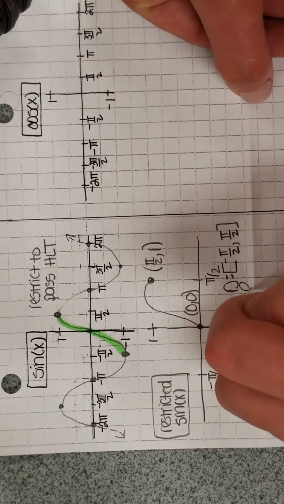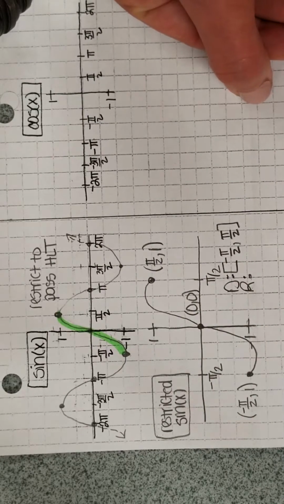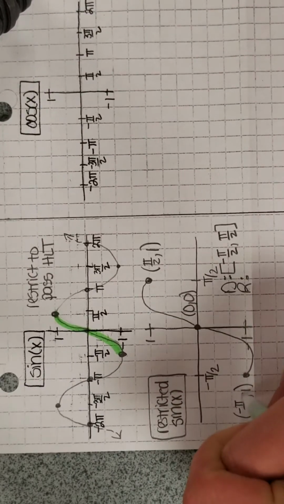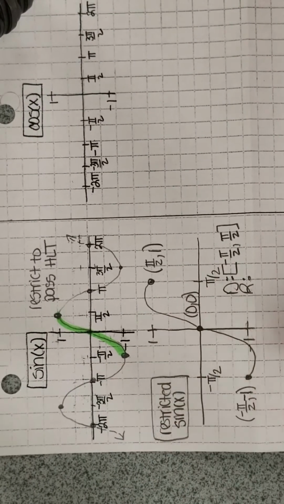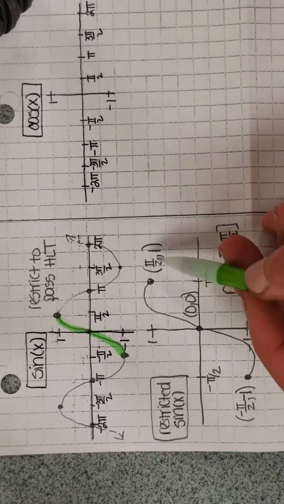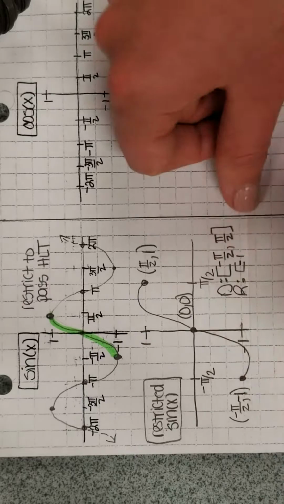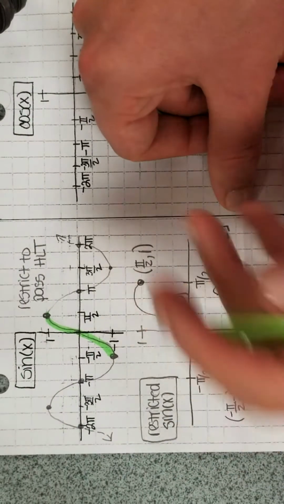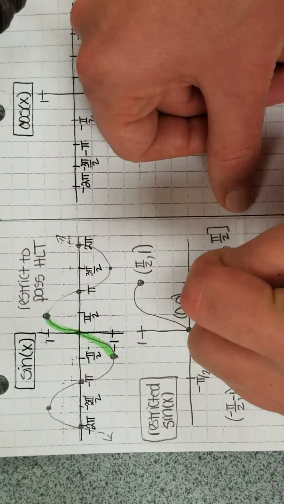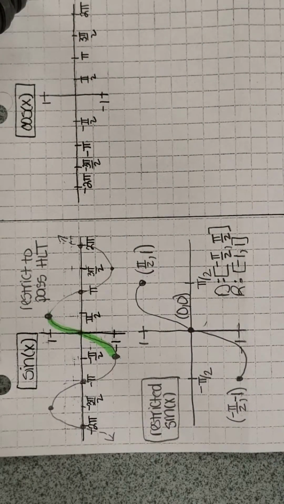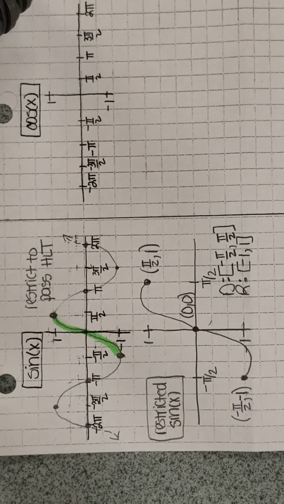And then our range, if I look at my y values, goes from -1 to 1. Stay above that line. -1 to 1. So we have pulled out that restricted piece and we're focusing on it.